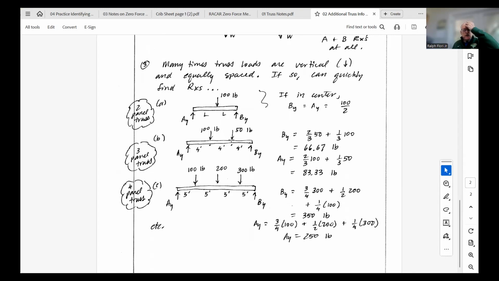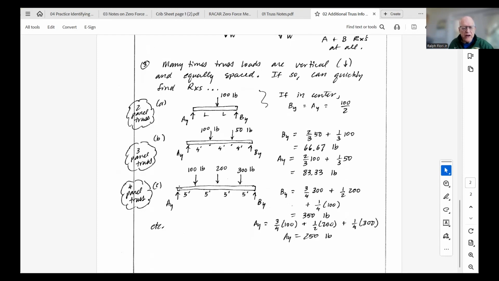Now you can write the moment equations and prove this, but again, because many trusses are vertically loaded with vertical support reactions, you can do this. Now, if there are non-vertical loads or non-vertical support reactions, you can't use this method, but this works for some trusses and makes it easier.